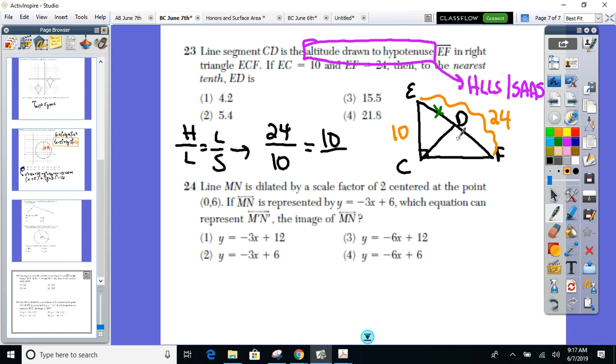The one next to, adjacent to the leg we're using. So the segment next to 10, X. Now it's pretty easy. Once I identify it's a Hills or Sass and I know the parts, no big deal. 24X equals 100. And to the nearest 10th, ED is 4.2.